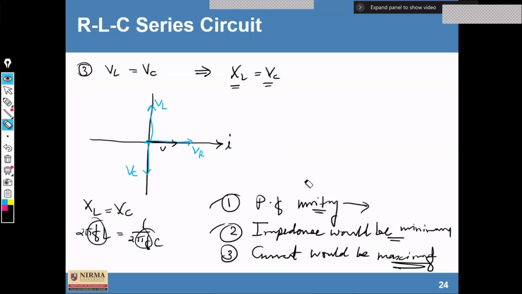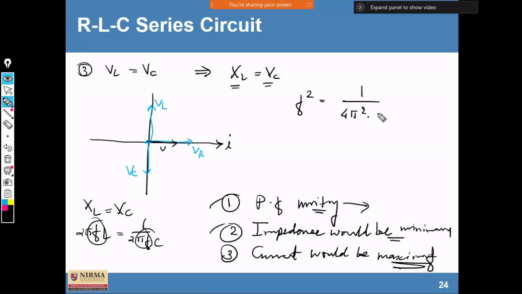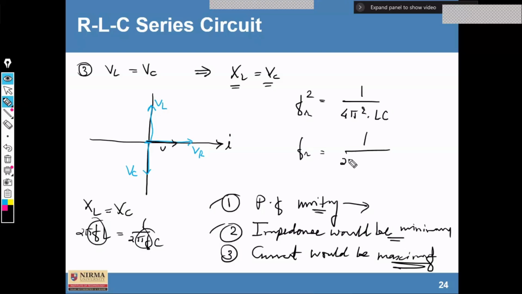So we can write f square is equal to 1 upon 4 pi square LC, because 2 pi squared is 4 pi square. The resonant frequency FR can be written as 1 upon 2 pi root LC. So if we know the values of L and C, we can find the resonant frequency. This is the resonant condition.